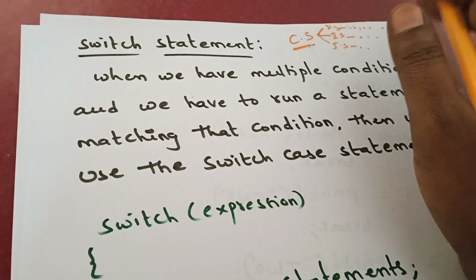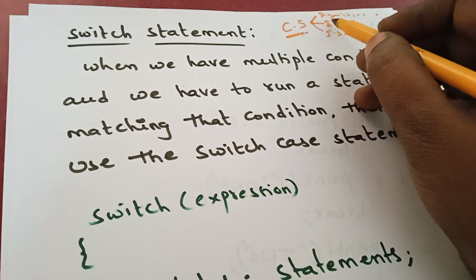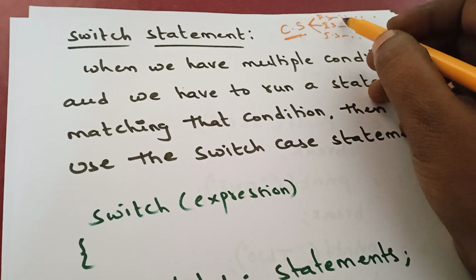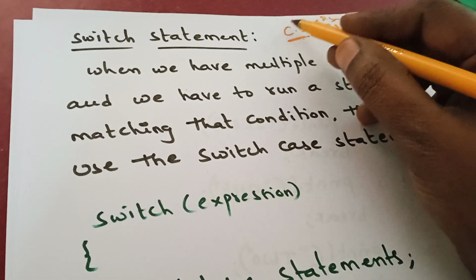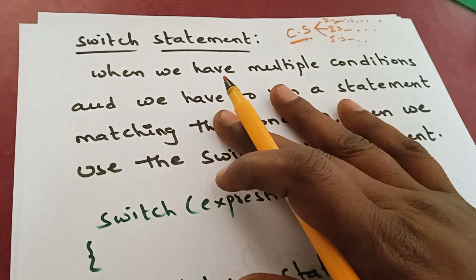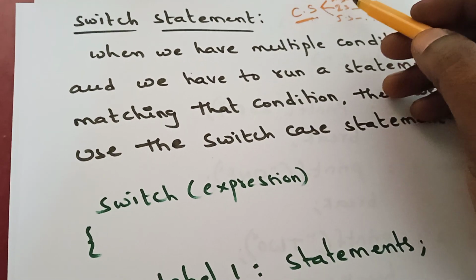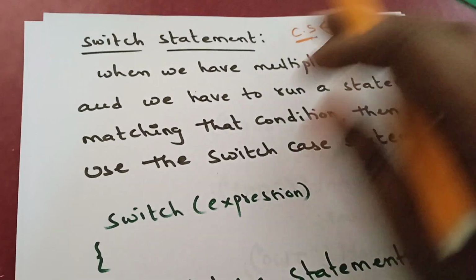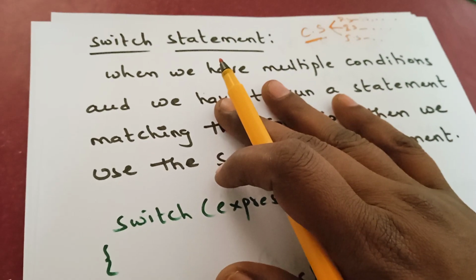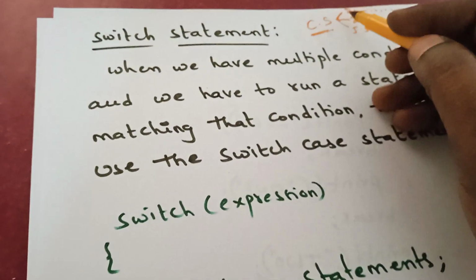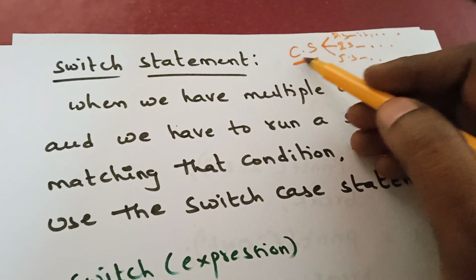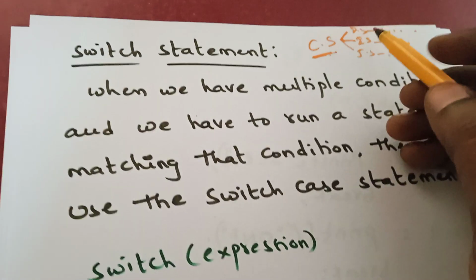If they want you to write only decision making control statements, write about the first part of control statements that I am uploading: simple if statement, if else, nested if else, else if ladder and switch. All these five categories you have to write under decision making statements.